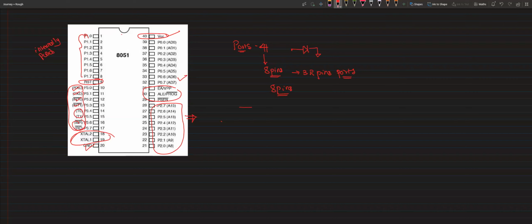If you connect one LED, by default this will be high, internally pulled up. If you explicitly make it 0, then only these pins will become 0. It is also a bidirectional pin; it can be output or input. And this is used for resetting the microcontroller. What do you mean by resetting the microcontroller?